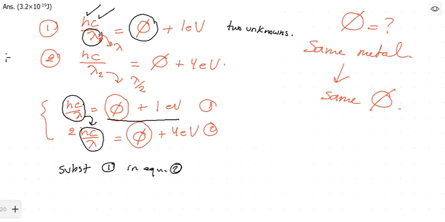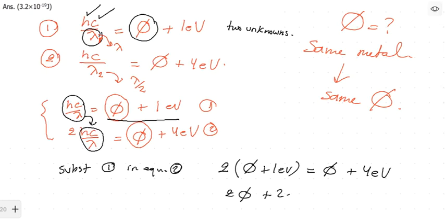This is math. We have 2, and instead of hc over lambda, I write between brackets phi plus 1 electron volt. On the other side, I have phi plus 4 electron volt. You see, I have only one unknown now, which is required, the phi. I expand: 2 work function plus 2 electron volt equals the work function plus 4 electron volt.